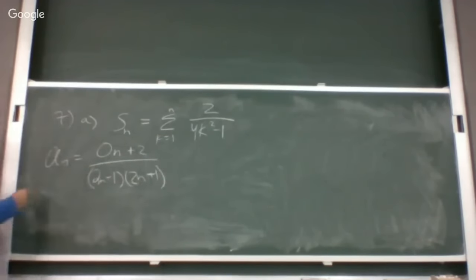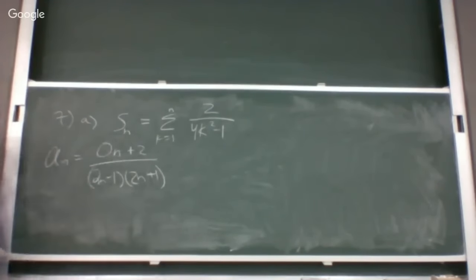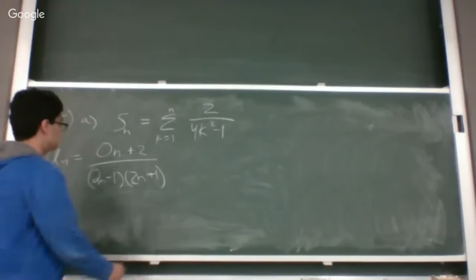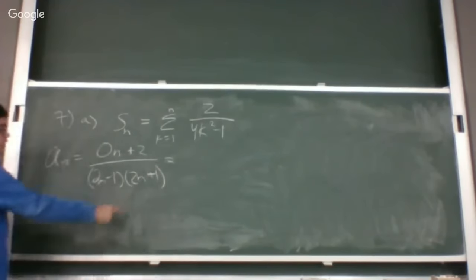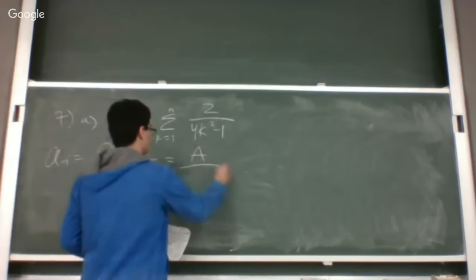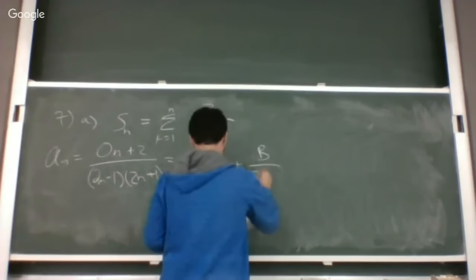So keep it in terms of n because we want S sub n. If you did a sub k, you would just need to show it with k. But they wanted S sub n in the answer, so you would need to show it with n's in the answer. Since we have two factors here, we can break it up into two parts: A over 2n minus 1 plus B over 2n plus 1.